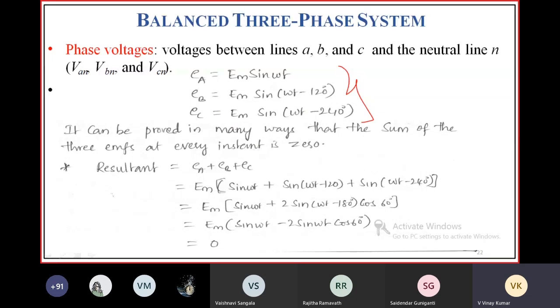It can be proved in many ways that the sum of three EMFs at every instant is equal to 0. So EA is EM sin omega t, EB is EM sin of omega t minus 120 degrees, EC is EM sin of omega t minus 240 degrees. The sum of all voltages will be equal to 0.